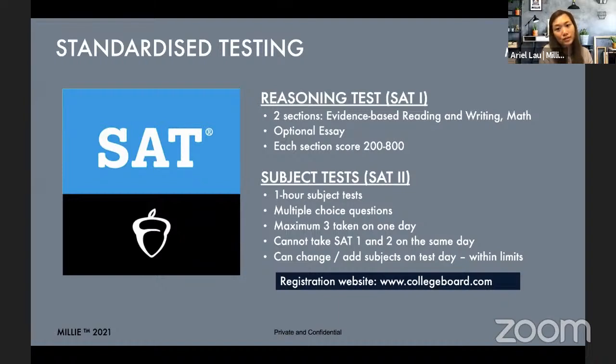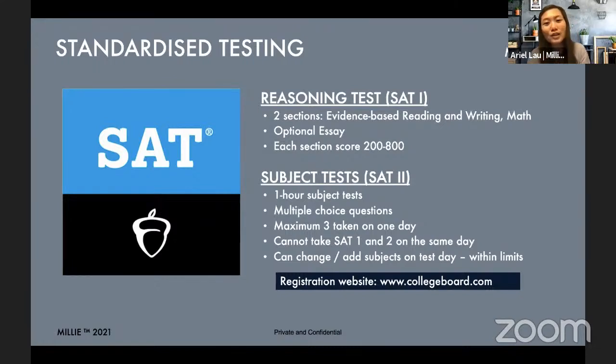There are 2 sections of the test: the evidence-based reading and writing, and math. So overall, 4 subsections, 2 testing your English, 2 testing your math. And then before, there was an optional essay component, but together with the subject test, College Board got rid of both the optional essays and the subject test by the end of this month.